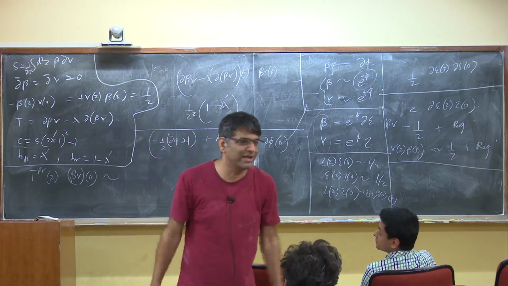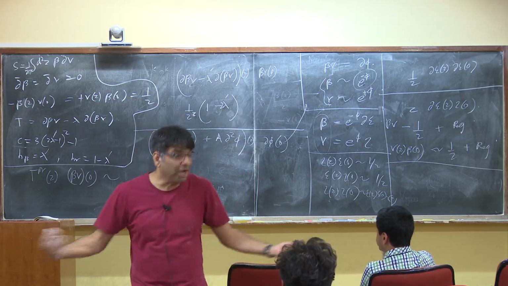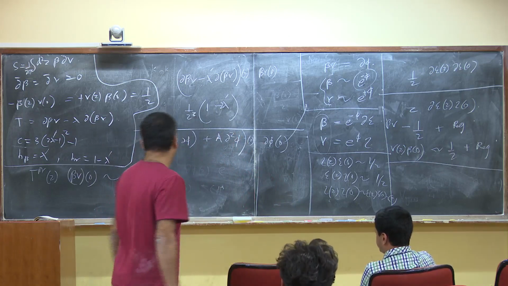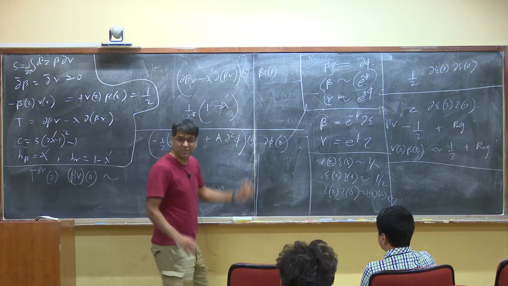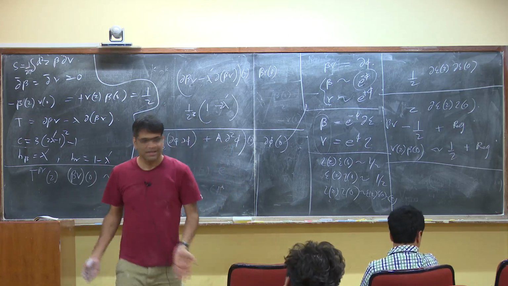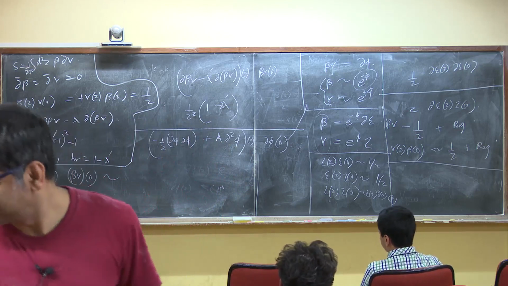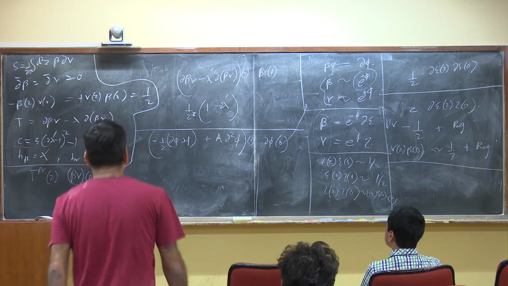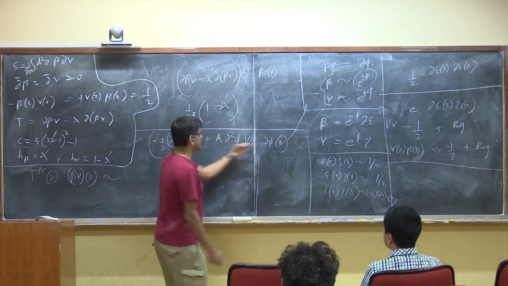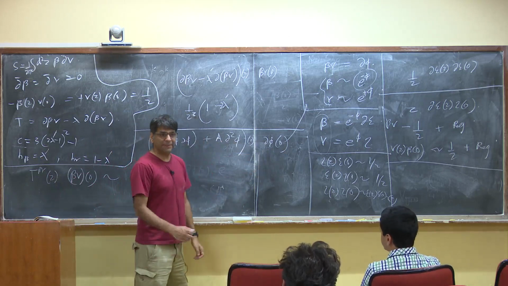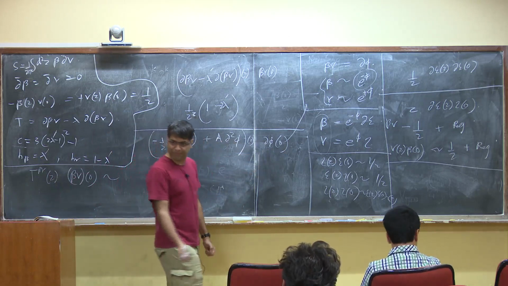That's the maximum singularity. If you get a 1 by z cubed, it was not a primary. But now we've changed the stress tensor, so the rules have changed. Del phi may or may not be a primary. It's not a primary, and we see that from the fact that the OPE has a 1 by z cubed. Let's calculate the 1 by z cubed.